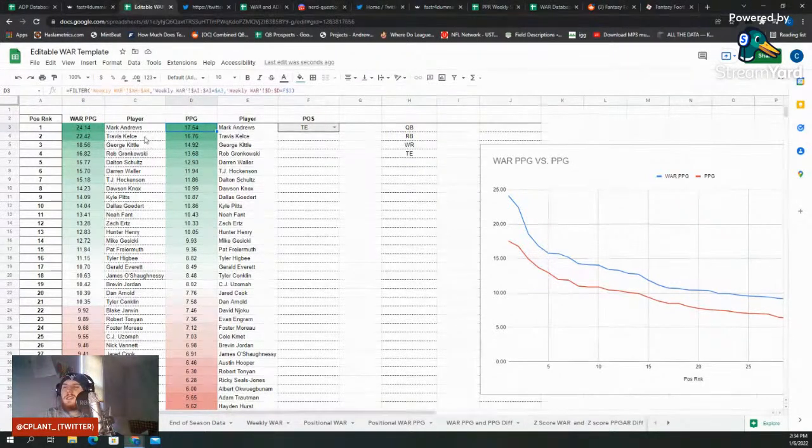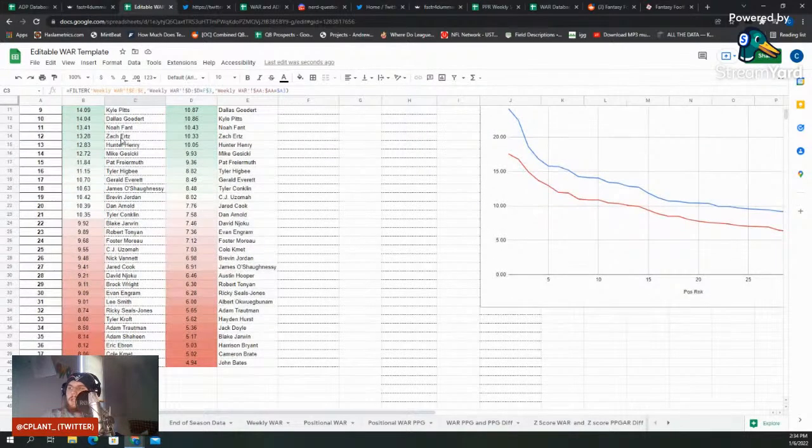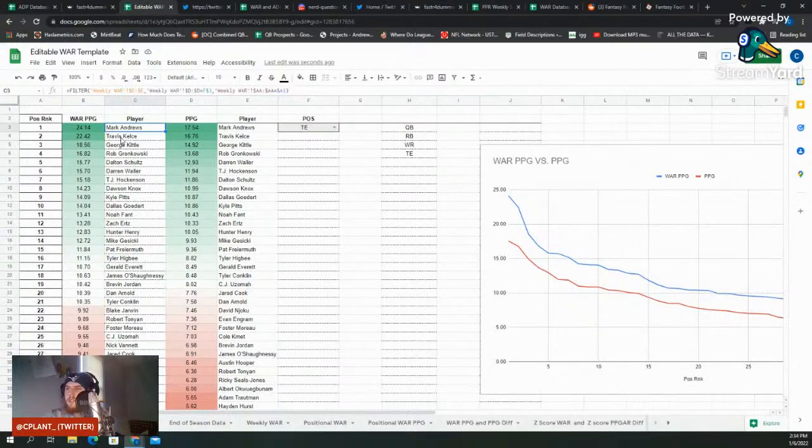So yes, the top tight ends are definitely worth it, and people are undervaluing them because they're just looking at points per game. This is really insightful. Every tight end, because of the scarcity of the position, is a little bit more valuable in WAR than they are in regular points per game. So this levels out the playing field.